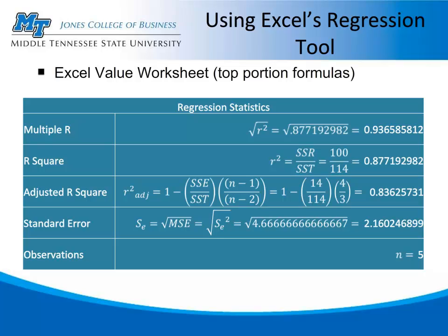SSR is the portion that's explained by regression. So when you take that ratio, it represents the part of all of it that's explained by the regression model. So in this case, there's almost 88% of the variability in the number of cars sold that you can attribute to the linear relationship between the number of TV ads and the number of cars sold.